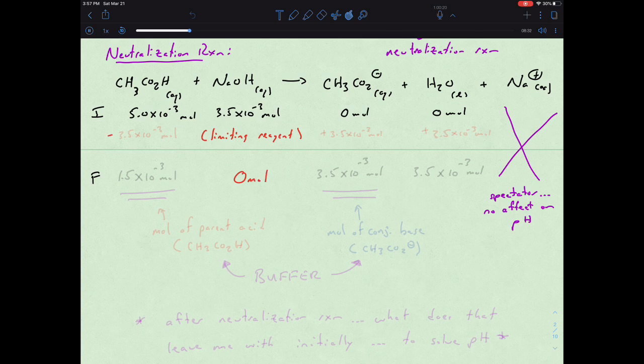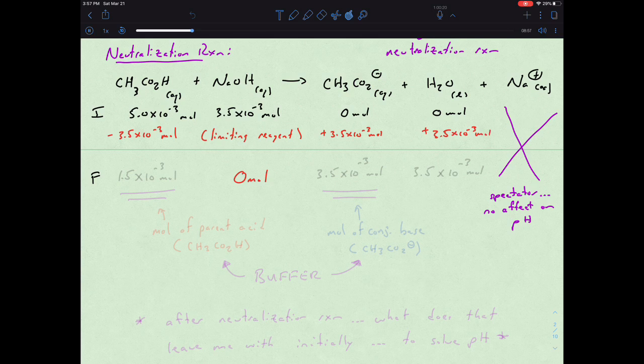So we're using that as our change in the reaction: our acetic acid would decrease by 3.5 times 10 to the negative third moles, but our products would increase by that amount.